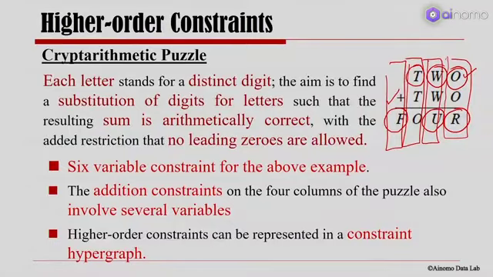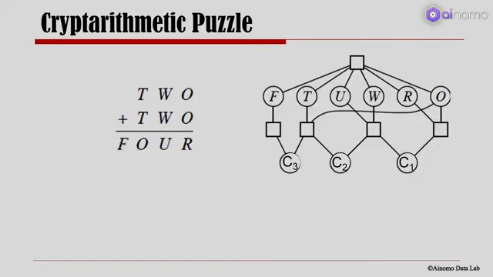So, here is the cryptarithmetic puzzle 2 plus 2 is 4. On your right is the hypergraph. We could see that the 6 variables F, T, U, W, R and O are all together constrained, and C1, C2, C3 are the carryovers possible at these columns.